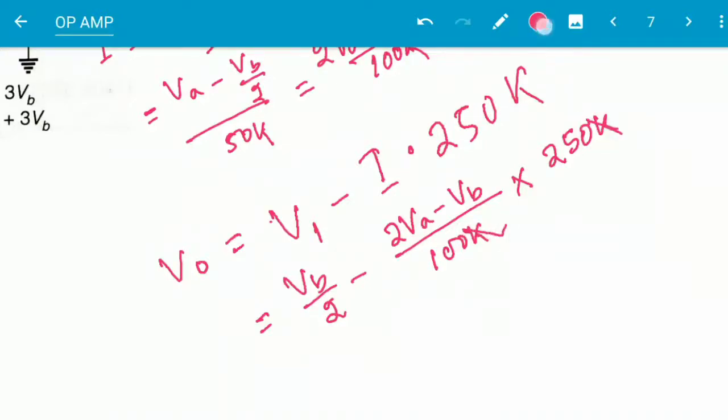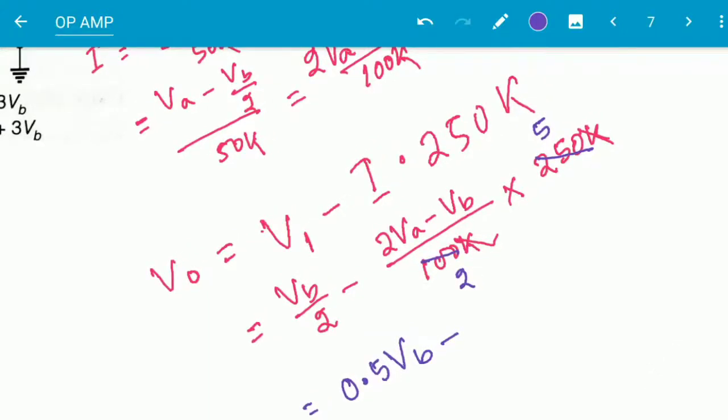The k cancels out, and if I divide by 50, it will be 5 and 2. So this will be 0.5 VB minus 2.5 into the first term 2VA, which is 5 VA, plus 2.5 VB.